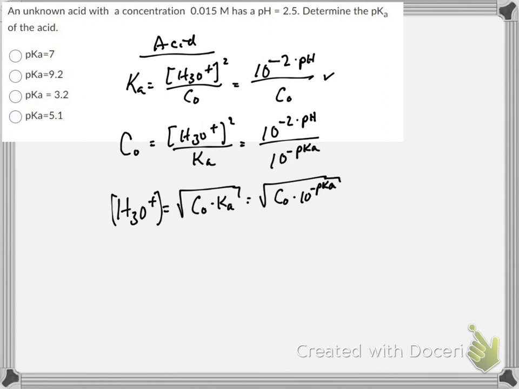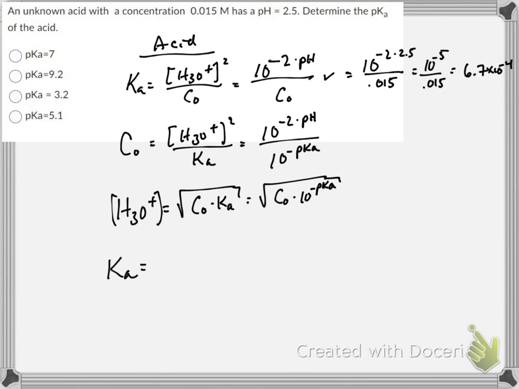All right, so we're going to be doing the top equation because we're asked for Ka. So let's do that. We know pH is 2.5, so we just plug it in there: 10 to the minus 2 times 2.5 divided by 0.015. We do that, and we get 6.7 times 10 to the minus 4. So that's the value of Ka, but we're asked for pKa.